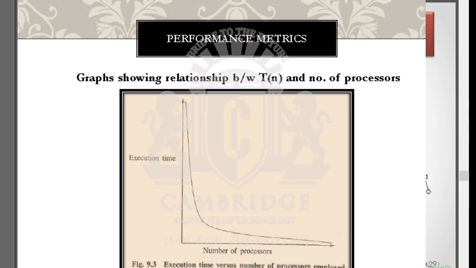So this shows the graph with the relationship between T of n and the number of processors. Number of processors is given on the x-axis, execution time is given on the y-axis. So execution time versus number of processors employed is the graph that is shown. You can observe the curve here. So this shows the relationship.